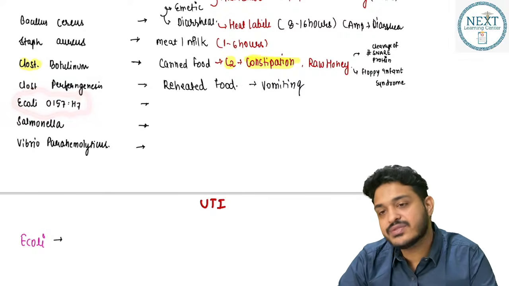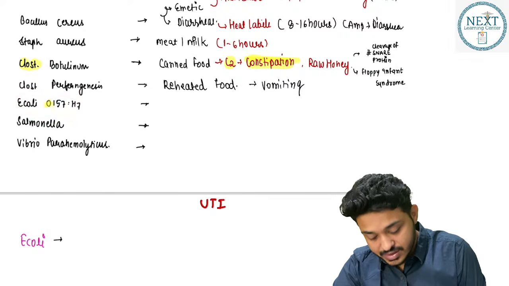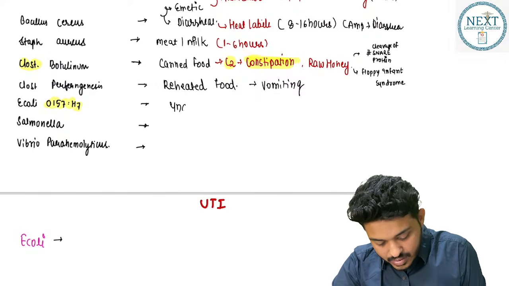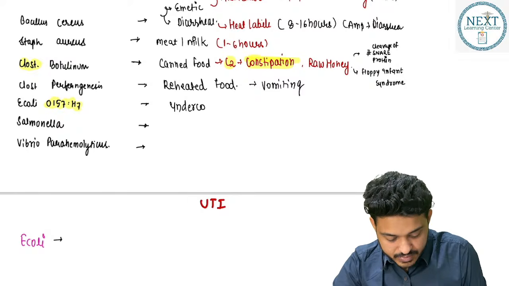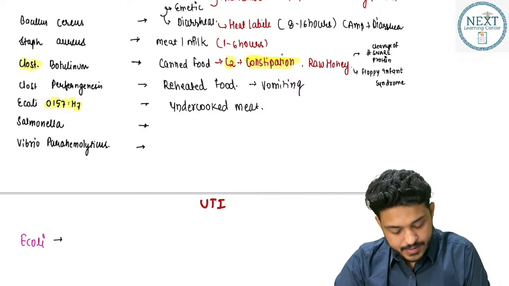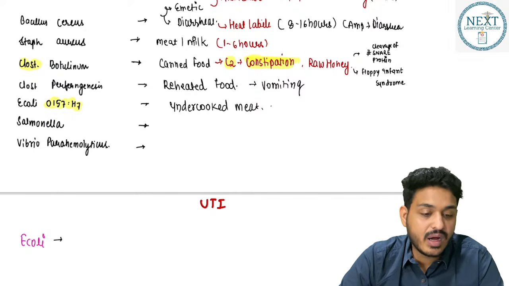Next one is your E. coli O157:H7. This is an important one. This is also your PYQ. It is associated with undercooked meat. If you are eating undercooked meat, right, this is going to activate some toxins, right?